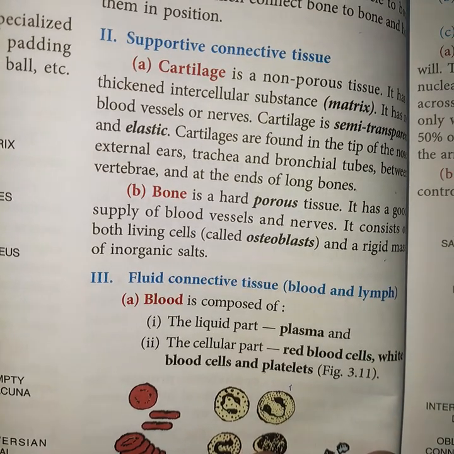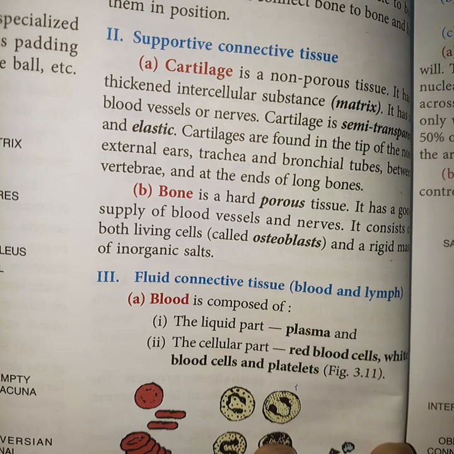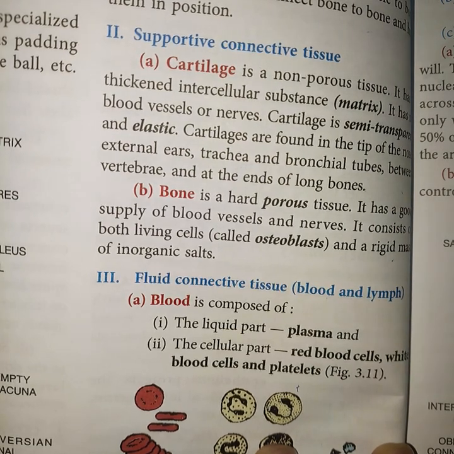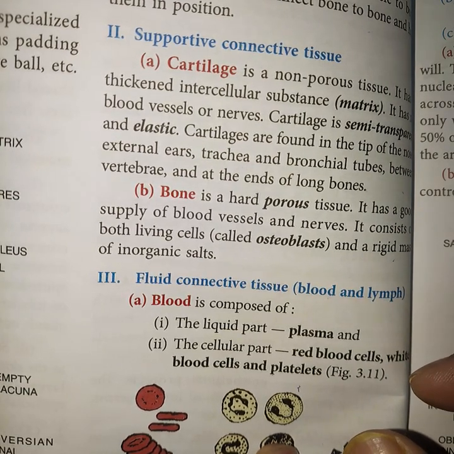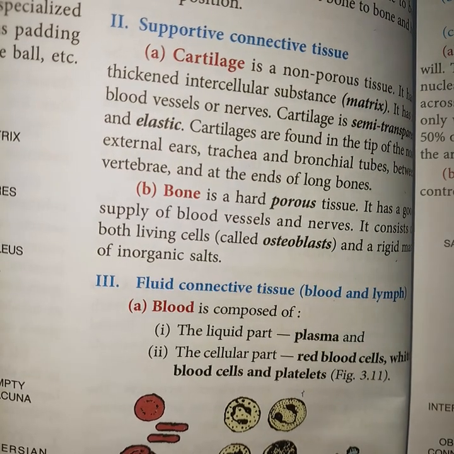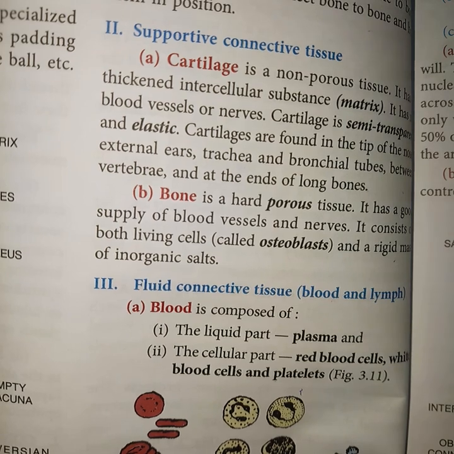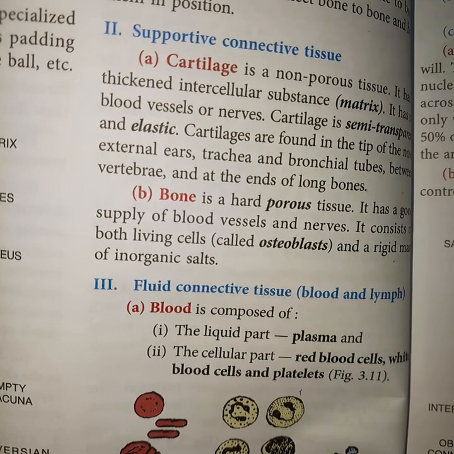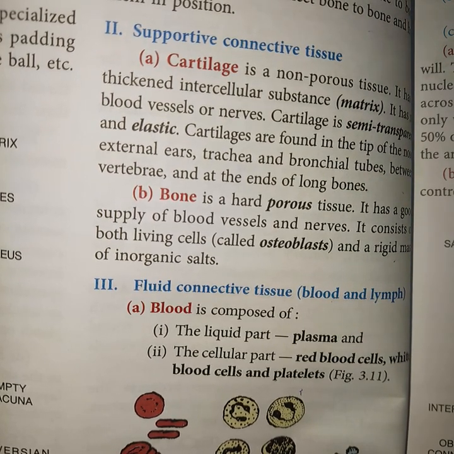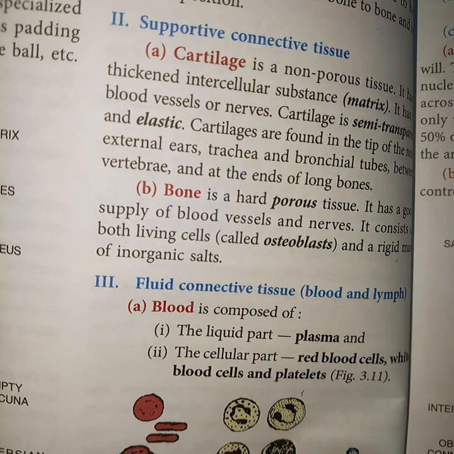If you jump from a height and there is no cartilage in between the bones, then the bones will strike each other and can be damaged. Thus, the presence of cartilage prevents the bones from mechanical injury.